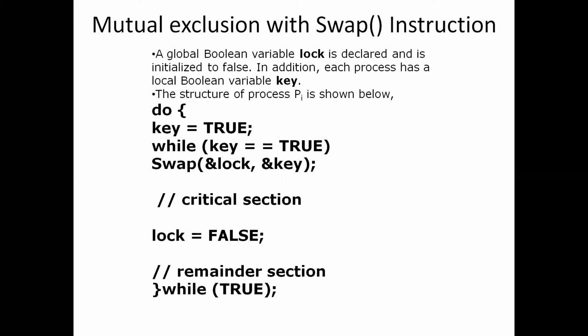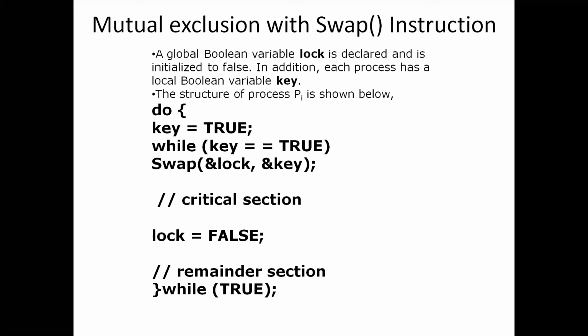Initially the lock holds the false value, and that will be stored in some memory location. Assume that the memory location address is 1000. In addition, each process has a local boolean variable called key. Each process holds a local variable called key.